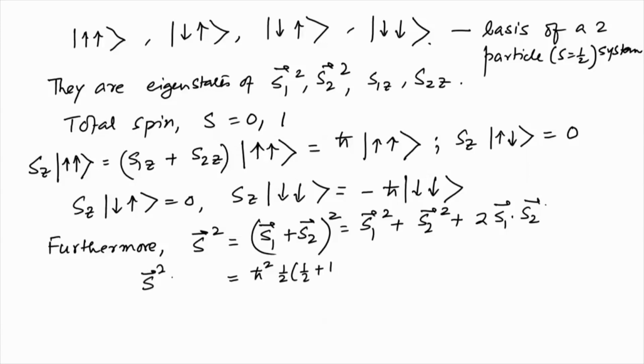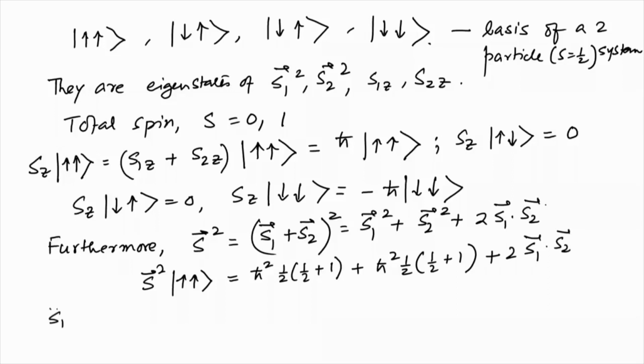So, S square acting on any of these states, say for example up up, is S into S plus 1 for each. Now, of course we do not yet know what 2 S1 dot S2 gives, so we will leave it for the moment.